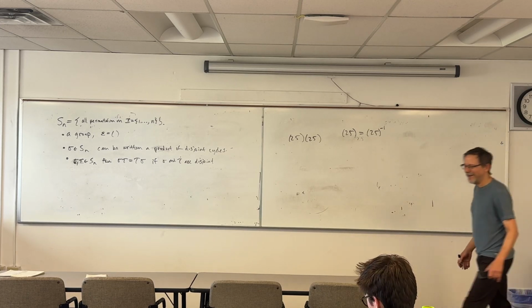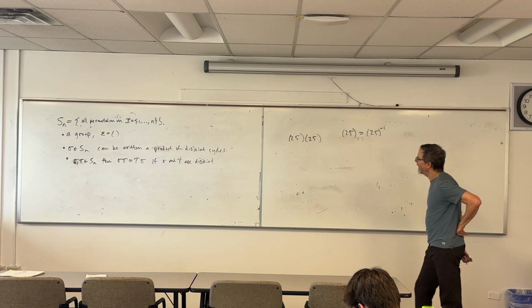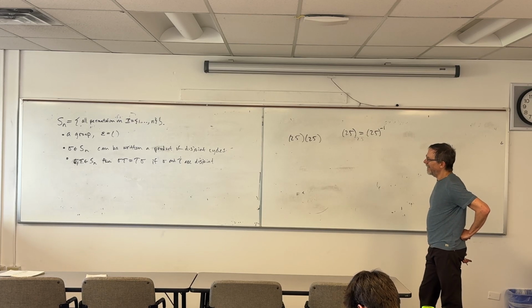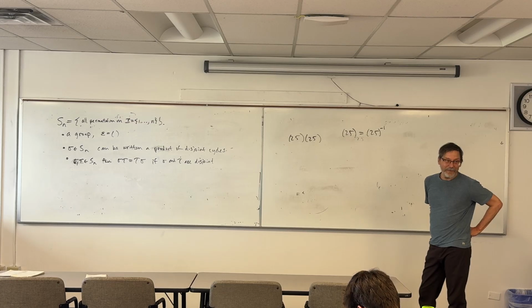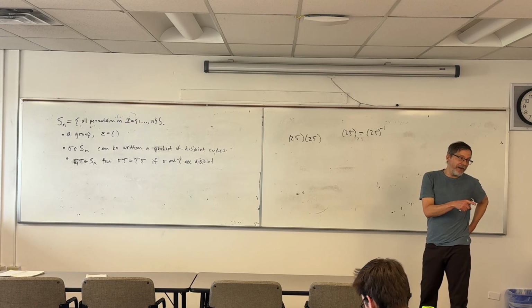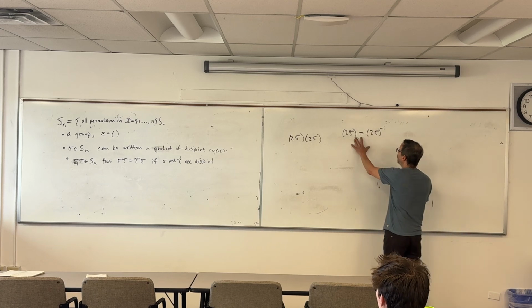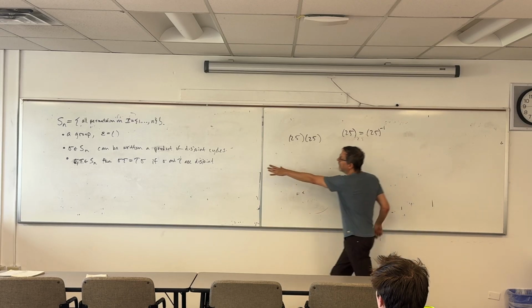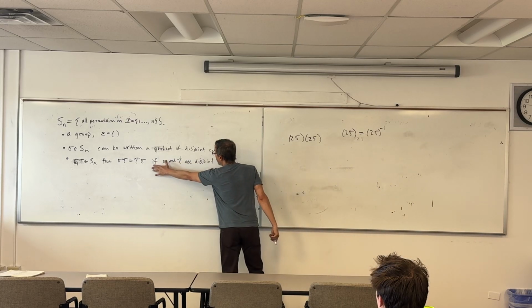I think it was originally phrased as a biconditional. Yes. And it's not a biconditional. The reason it's not a biconditional is because these transpositions are their own inverse, so they always commute.